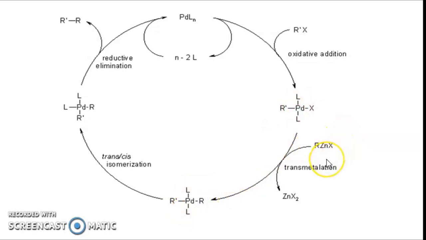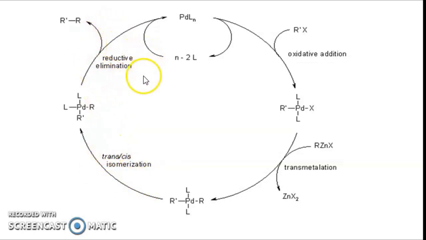Usually this transmetallation step happens by the transfer of the alkyl group from a more electropositive metal to a less electropositive metal. So here the alkyl group is transferred from, in the example we have taken, zinc to palladium. This step is involved in most coupling reactions.